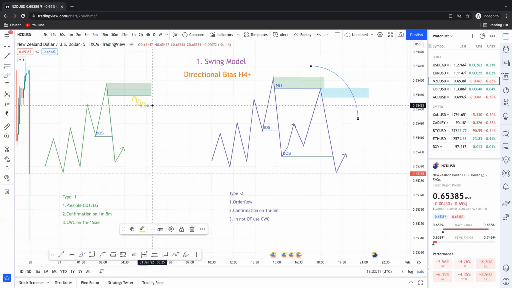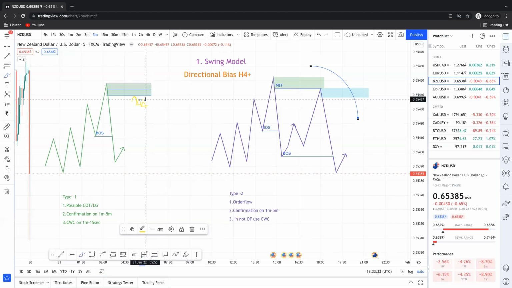Two breaks of structure, which is our confirmation model, right? So two breaks of structure with mitigation will be the higher probable, because once we have the point of mitigation, then we have a point of invalidation, and you can safely put your stops above that invalidation point.